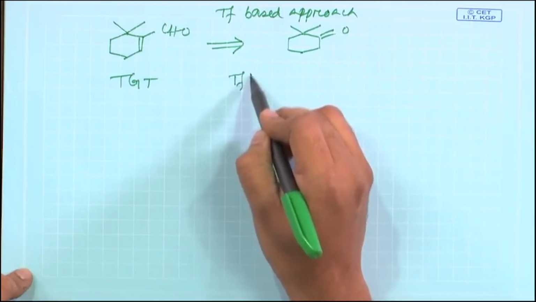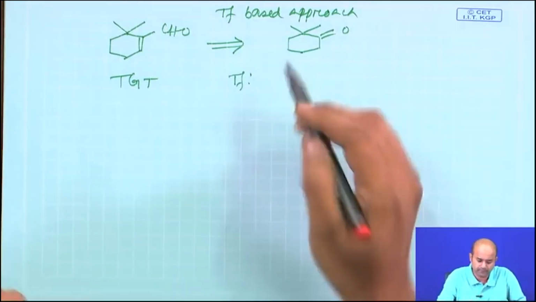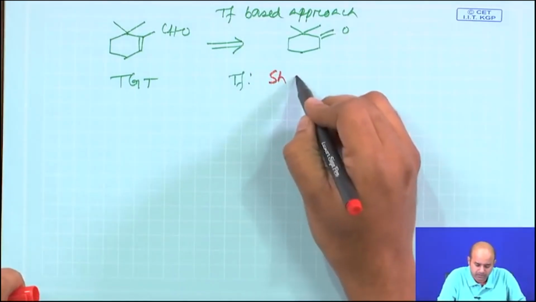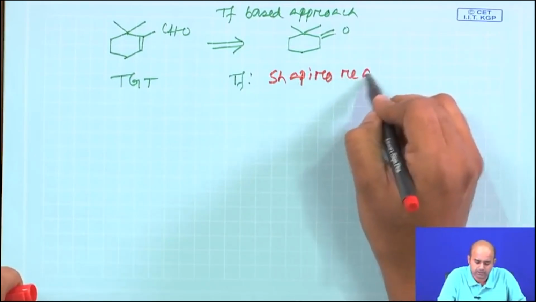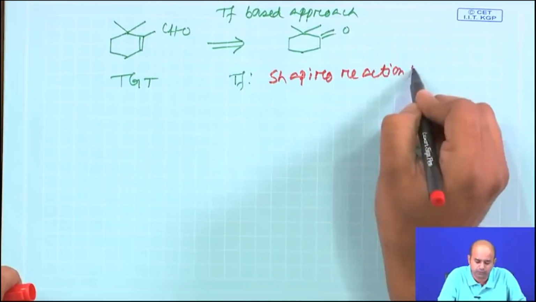The transformation we will now be targeting is named the Shapiro reaction. The Shapiro reaction is a very useful reaction.